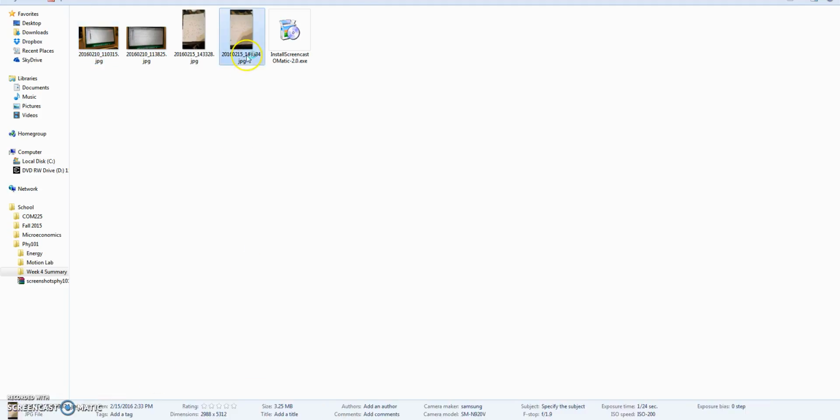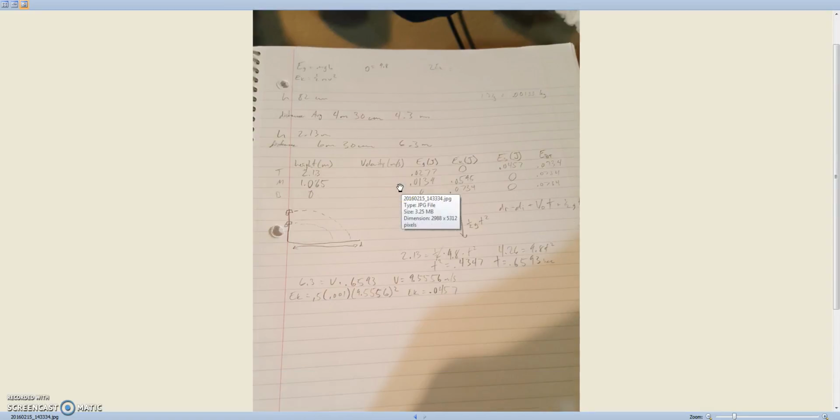Let's see if we can get to the next picture. Alright, so this one was a Nerf gun experiment where we had to go outside, keep it perfectly horizontal, and shoot it, and then measure the distance that the darts flew. So for our first trial, we got 4 meters and 30 centimeters, which is 4.3 meters.